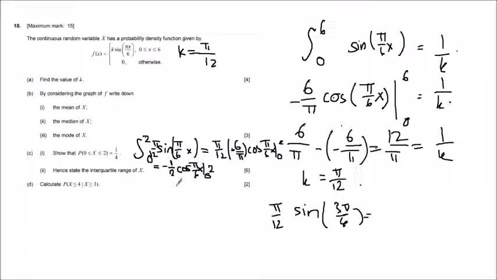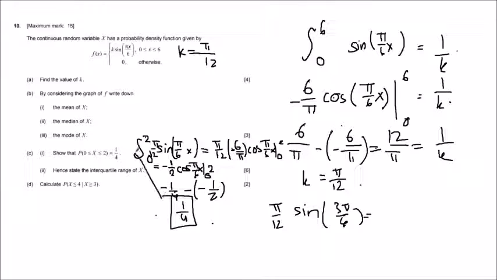That gives you minus 1/4. And then minus cosine 0, that's 1, so minus 1/2. That will give you 1/4. And that's the answer. That's easy.